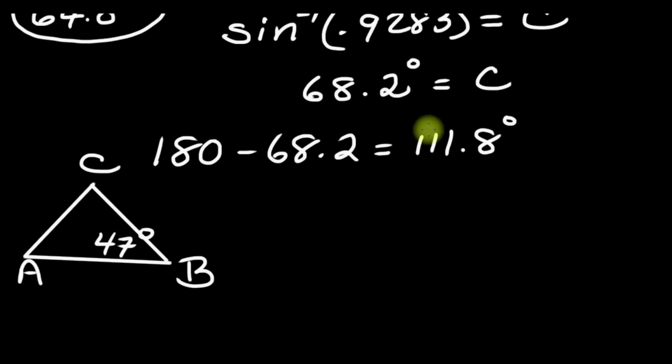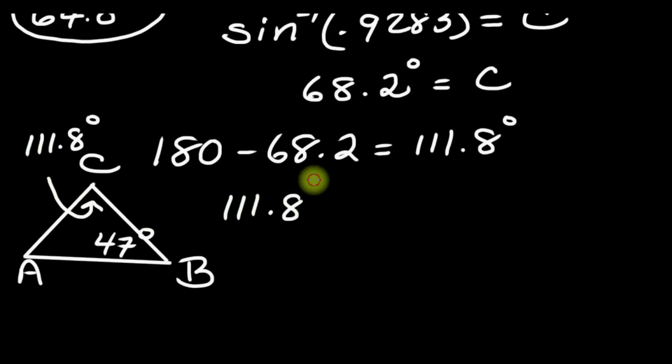Okay, so besides the 68.2 degrees, there is another possibility that angle C can be 111.8 degrees. And we can check it if we take 111.8 degrees plus 47 degrees. If these two numbers add up to more than 180, then it's not possible. If it doesn't, then we can have that other triangle.